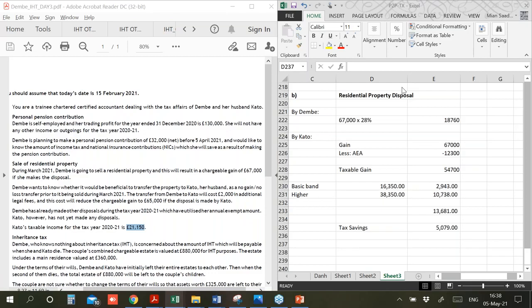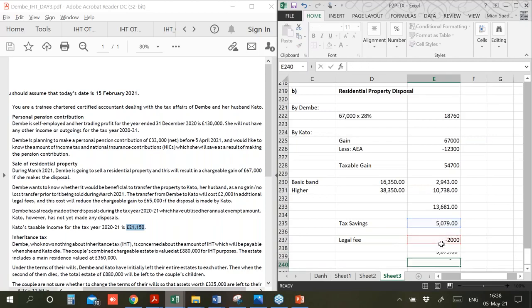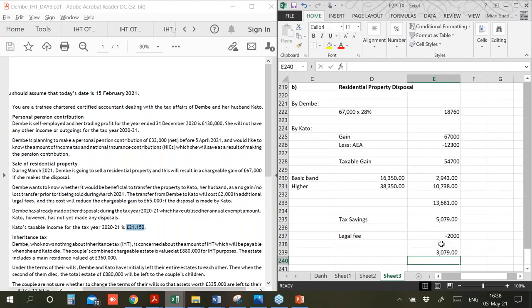What 2,000? The additional charges that would have been paid. The legal fee, exactly. So guys, regardless of that tax saving, they have to incur 2,000. So I'll write legal fee, that is negative 2,000. So the net saving they can make is this.